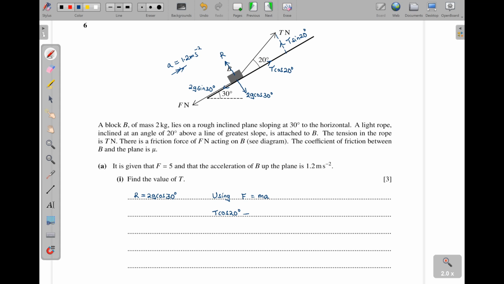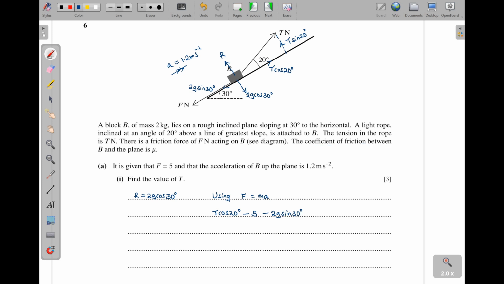was this one a rough plane? They said the coefficient of friction between B and the plane is mu. So F is 5. If F is 5, then we are going to have minus 5, then minus the mg sine, that is 2g sine of 30 degrees.